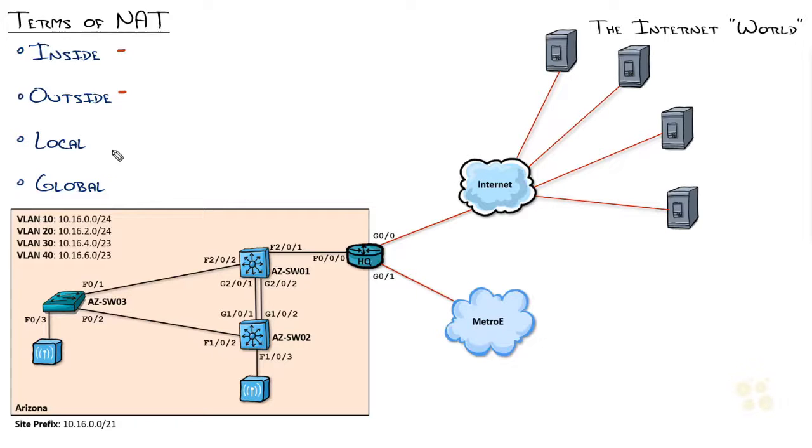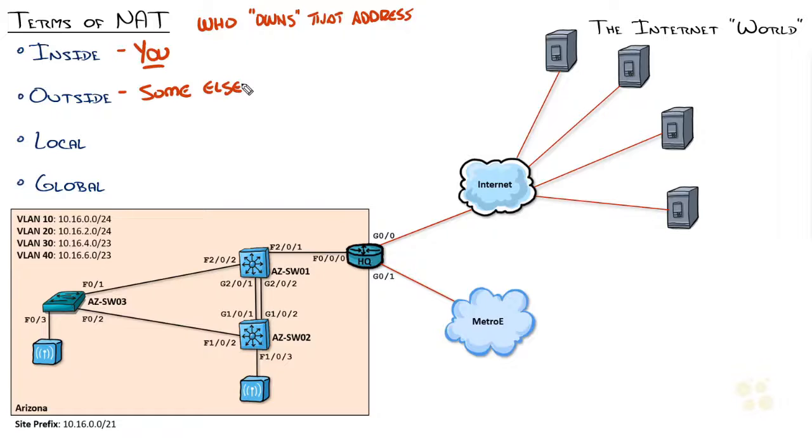When you're talking about inside and outside, I think of that as like, who owns that address, right? And I'm putting this in quotes because just like any kind of description, it's not perfect, but it'll make sense. So if it's inside, you own that address. If it's outside, someone else owns that address.